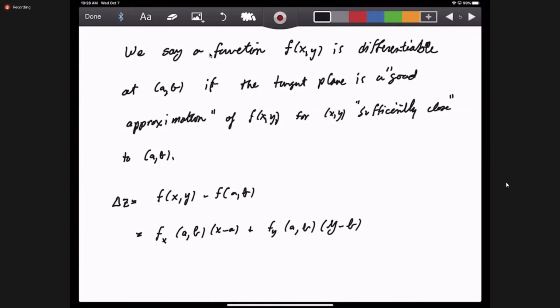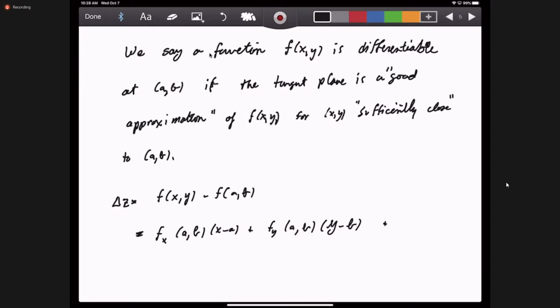Notice we're just pulling the constant off from the front of the linearization. Now the function is not necessarily exactly the same as the linearization, so this equality is not going to hold unless f is itself a linear function.